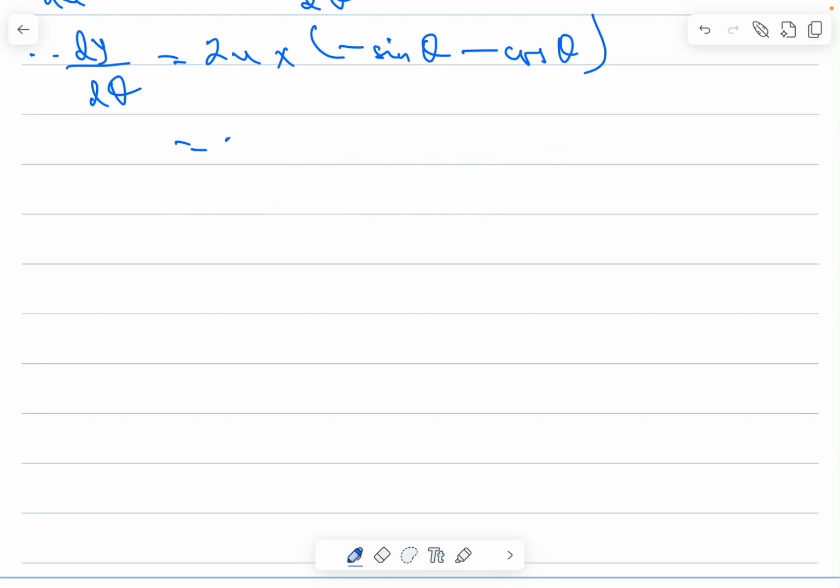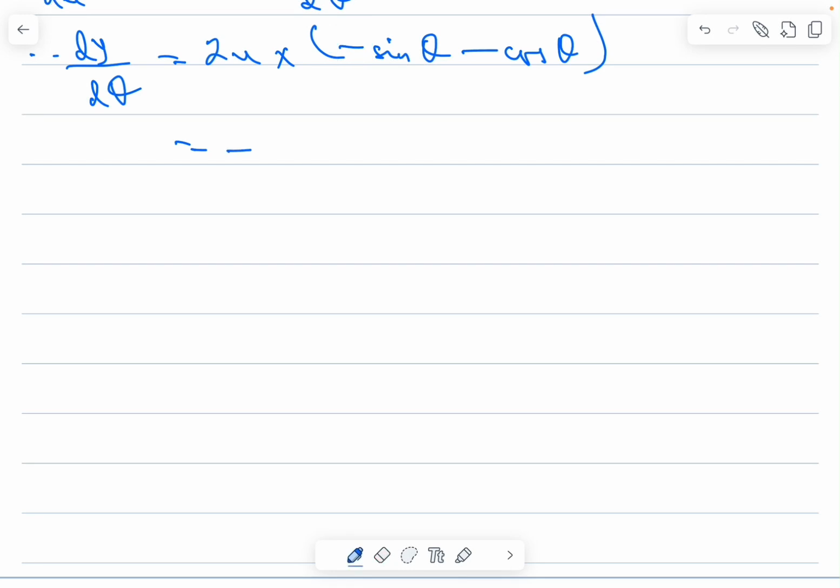Let's just write it this way. That's 2u, which is cos theta minus sin theta times, okay, I think this is the best way to put it. Let me factor minus 1 out of minus sin theta minus cos theta.